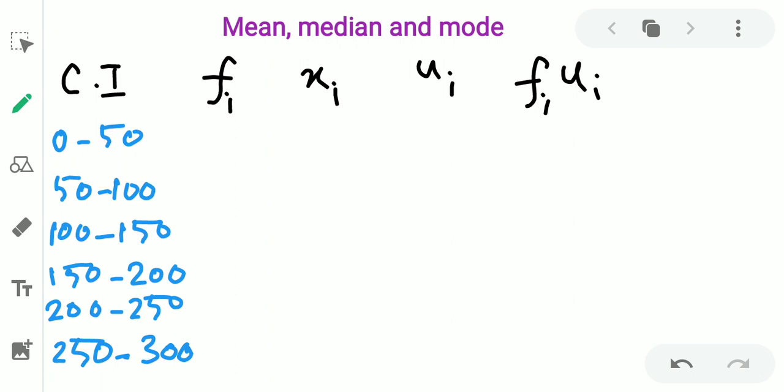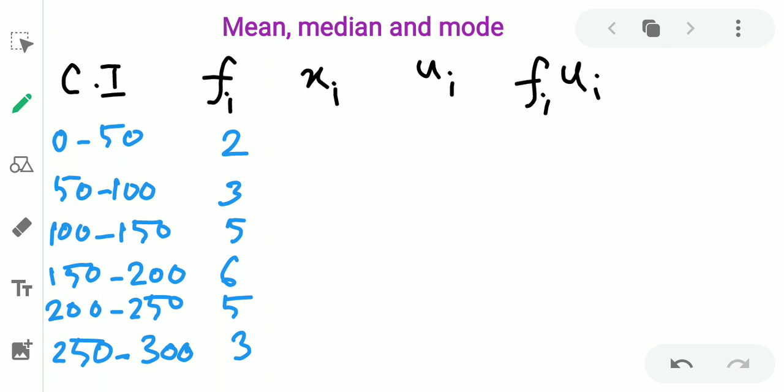In the book they have given 300 to 350 also, but I will stop here because I don't have space. Now the fi values are 2, 3, 5, 6, again 5 and 3. Now we are going to find the xi.